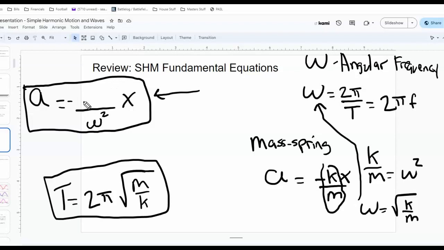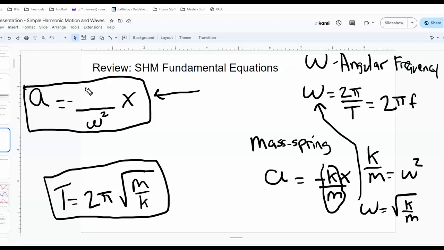And then whatever constant is in front of the x is equal to omega squared, and then you just go from there. So when we take a look at the pendulum later, keep in mind that in order to prove that it's simple harmonic motion, we want to basically use Newton's second law to get it into this form. But we'll come back to that later.